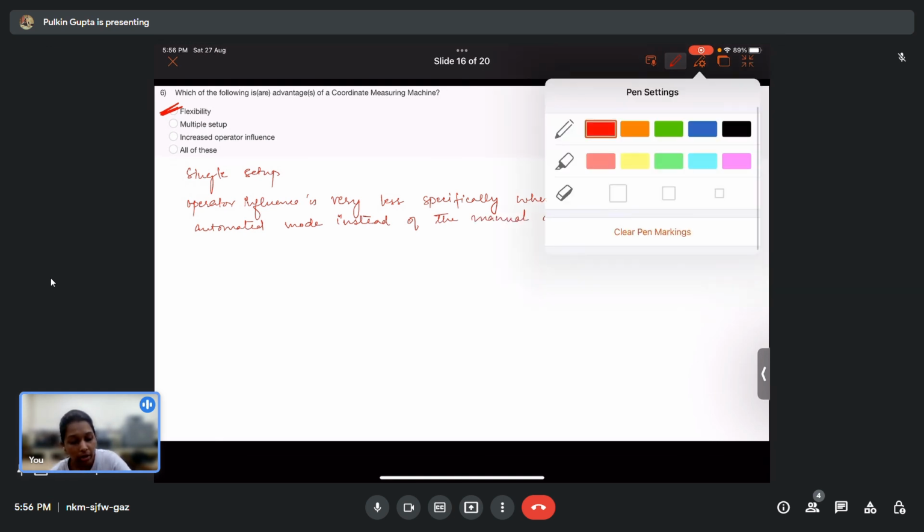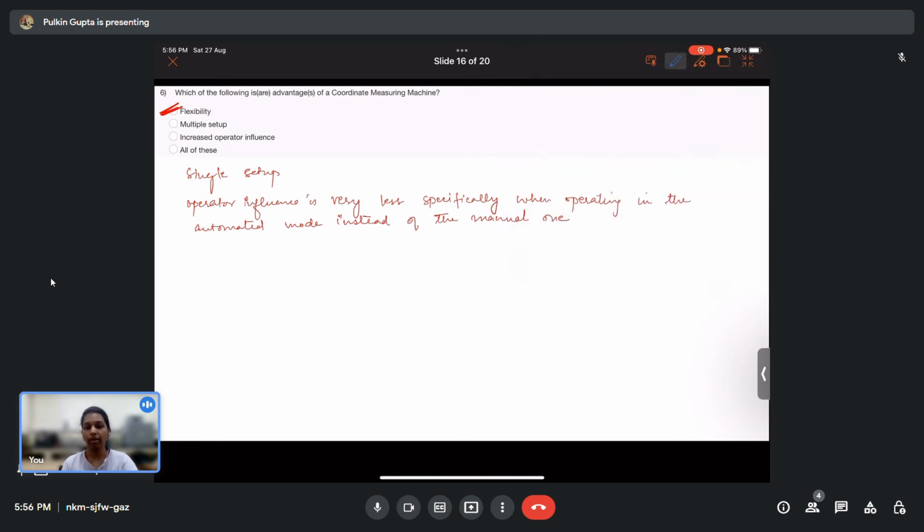In automated mode we have very decreased operator influence, and this is a single setup machine, as you just place your object there and it measures all the coordinates in one go. You do not need to unfix the object and then put it again on another machine. So it is not a multiple step process.